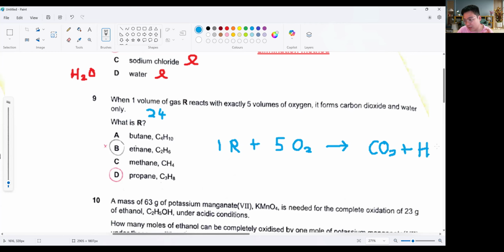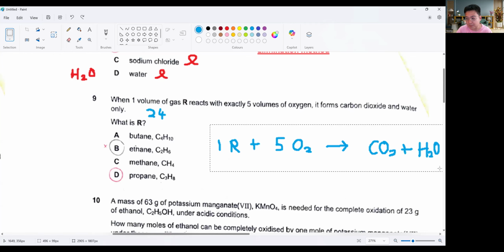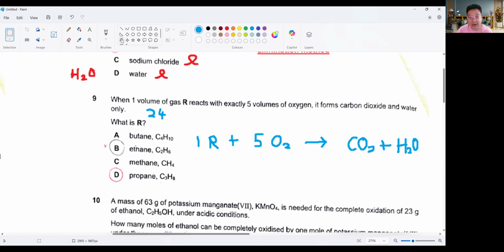And water only, H2O. So this R here, like when we learn balancing equations, we learn that how much carbon goes in, how much carbon must come out. How much hydrogen goes in, how much hydrogen must come out. Oxygen as well. So we can see that oxygen is going in here and coming out here.